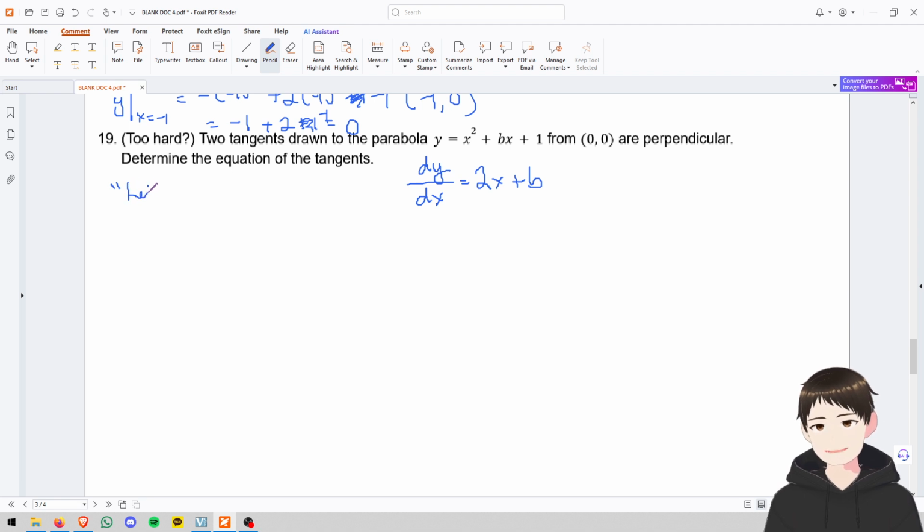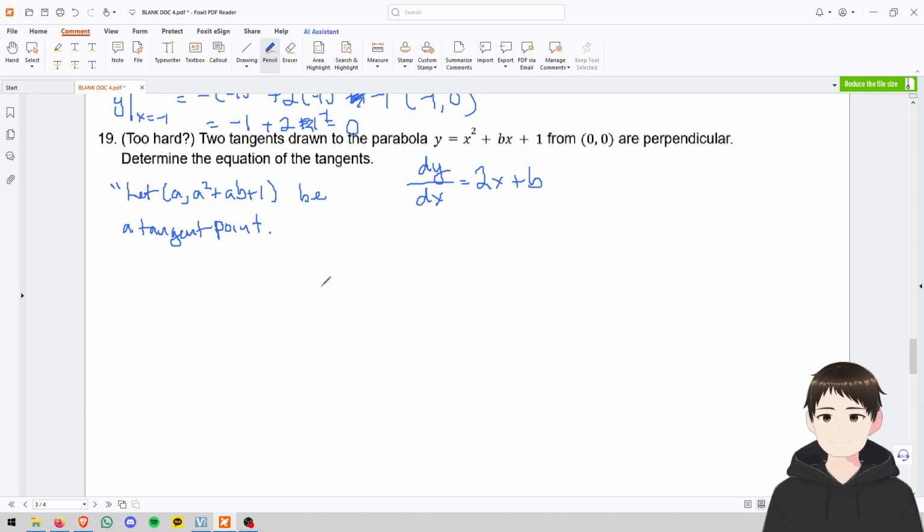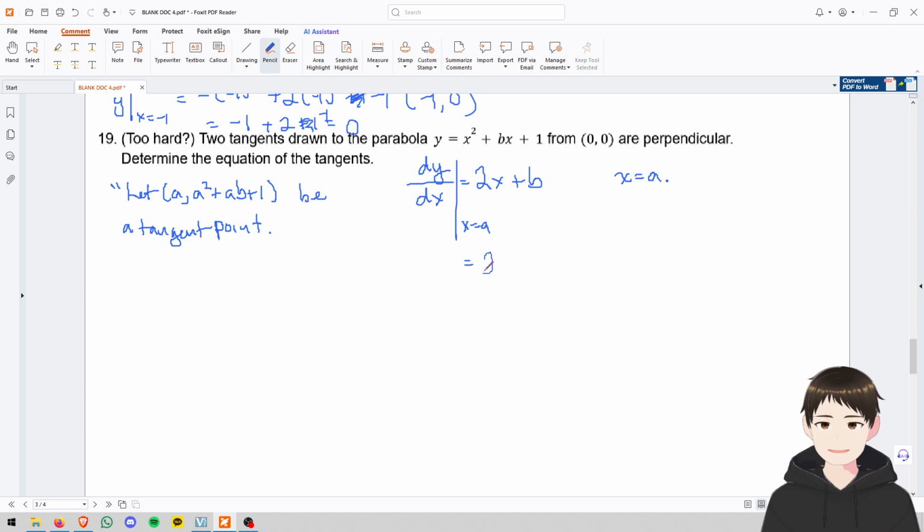So let's pretend, let a and then a squared plus ab plus 1 be a tangent point. Basically we're making x equal a. This is my tangent point. It means my slope is also going to be 2a plus b.